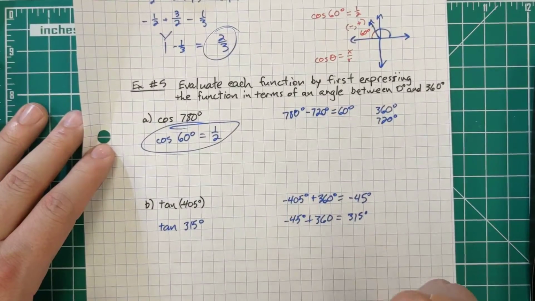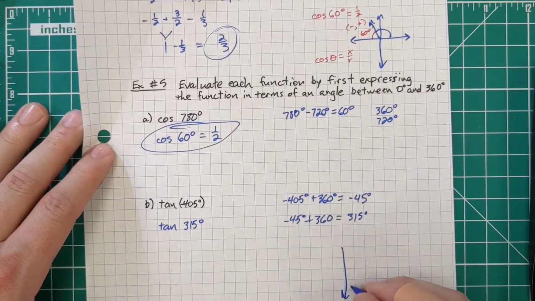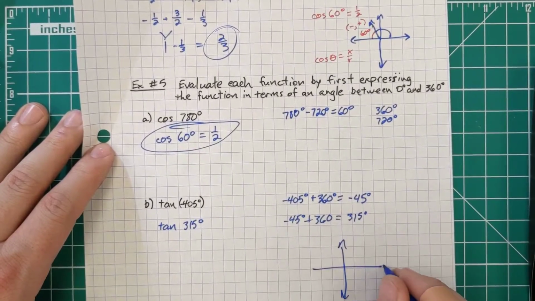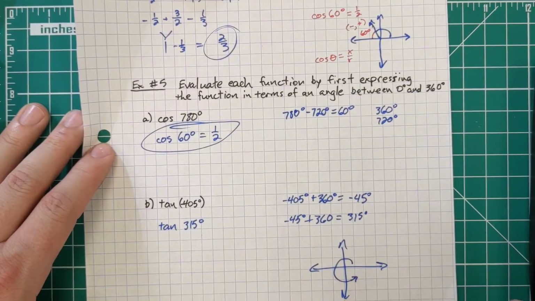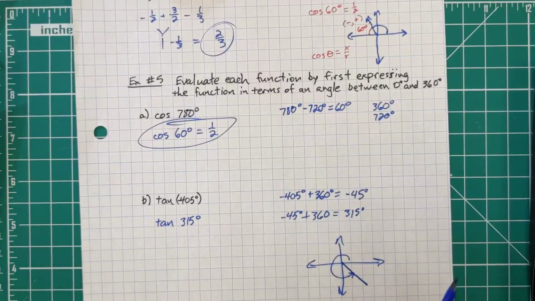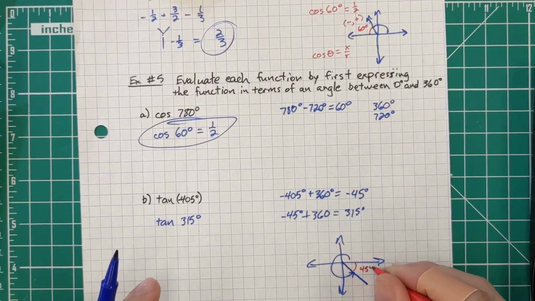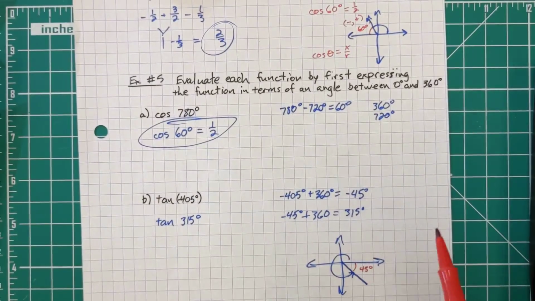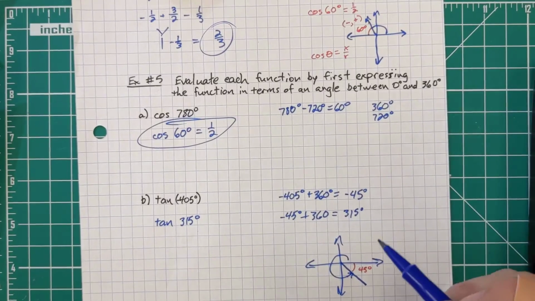So 315 degrees. And once again, I could just make a quick drawing to figure out what this looks like. It's going to be in this quadrant. And my reference angle is 45 degrees because 315 plus 45 gives us 360.